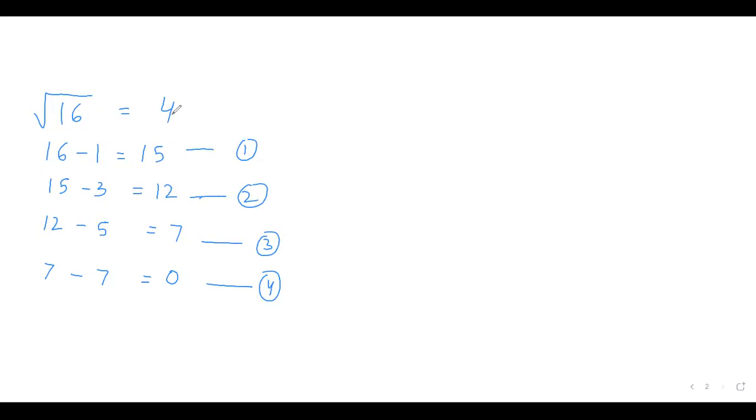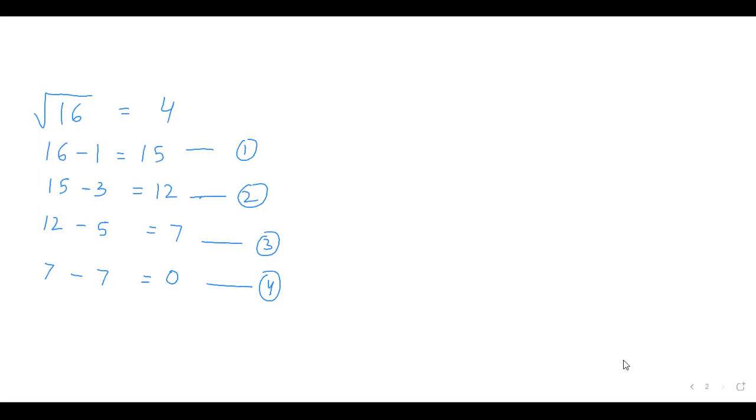We are repeatedly subtracting the odd numbers till we get 0, and then we count the number of steps in which we get 0. That number of steps will give you the square root. I have some problems that you have to solve by yourself.